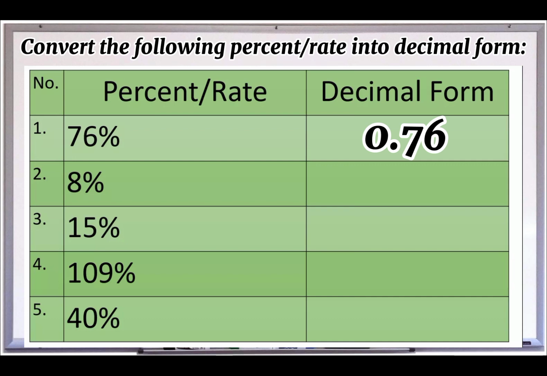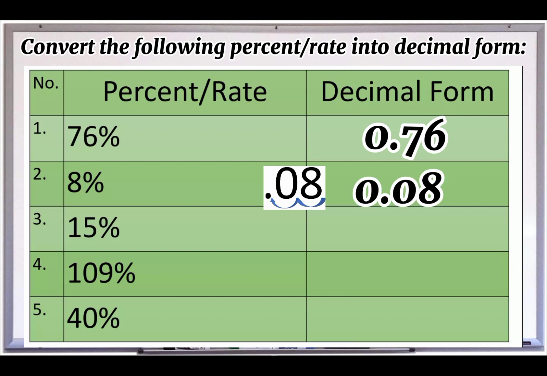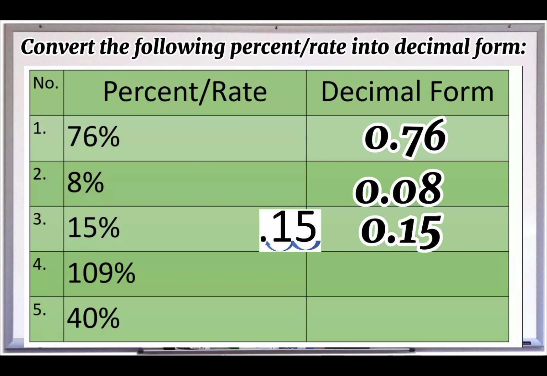Okay, how about number 2? 8%. 8%, what is the decimal form? Yes, very good. That is 0.08. Correct. How about number 3? 15%. 15% in decimal form will become, yes, very good, 0.15. Very good.